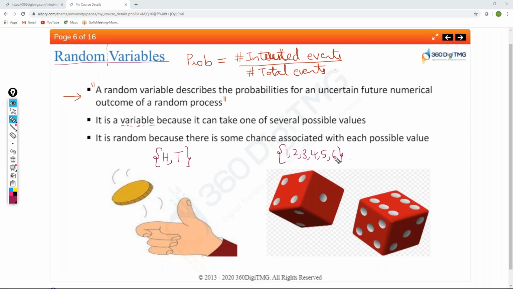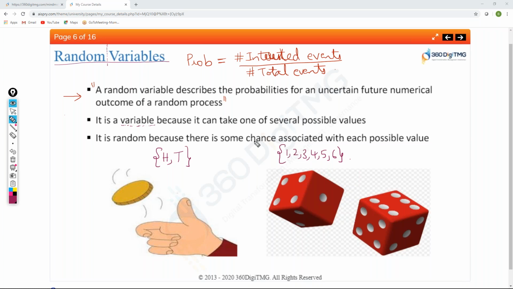So the output varies. If the output can take one of several possible values, then it is called a variable. This is the first component of random variable.